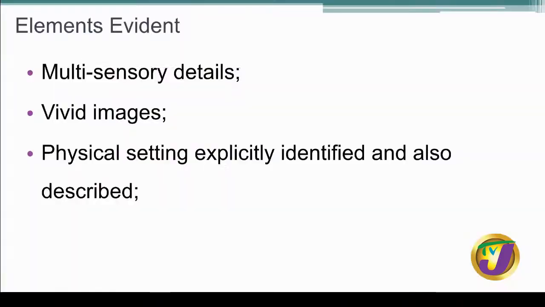Then it described the physical setting very clearly. So it was very explicit. We didn't have to guess how the physical setting looked. It did give us a clear picture of it. And because of that, we could place ourselves in this area. And the next thing, we got an indication of the mood.